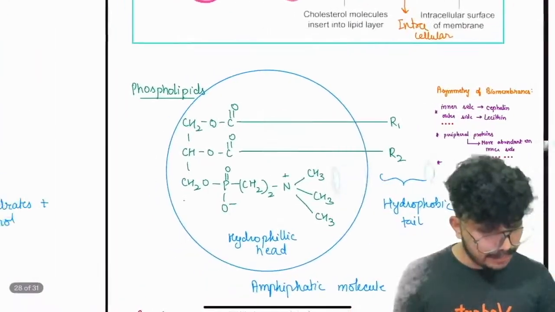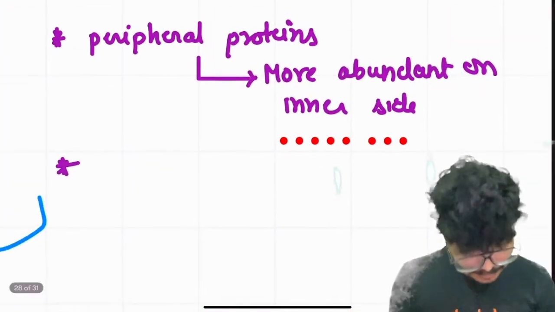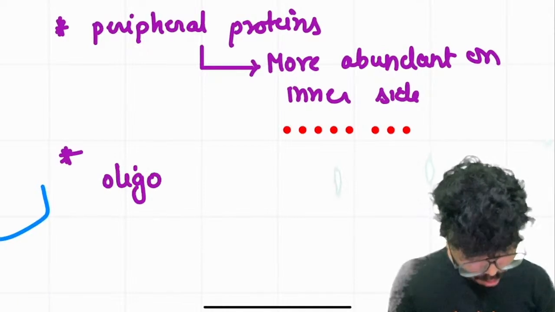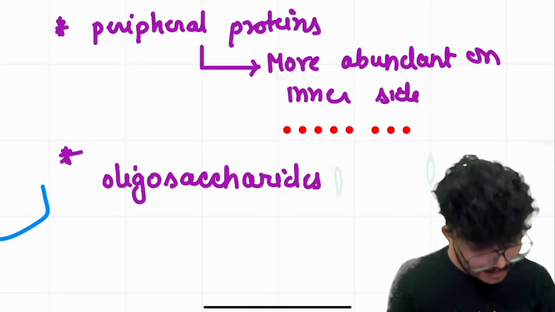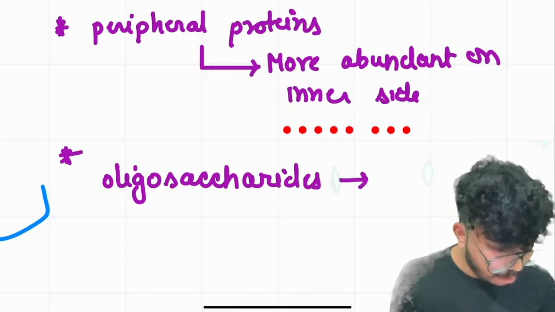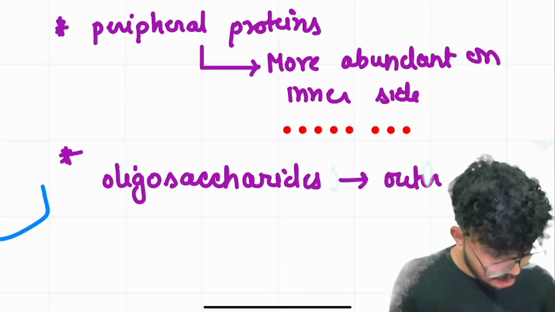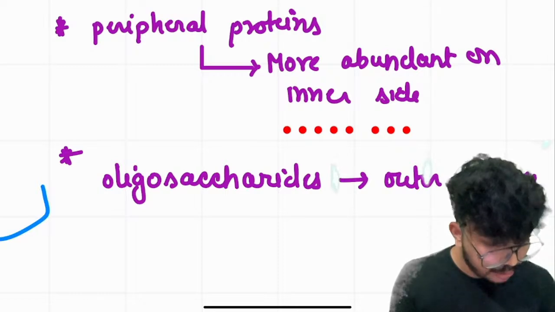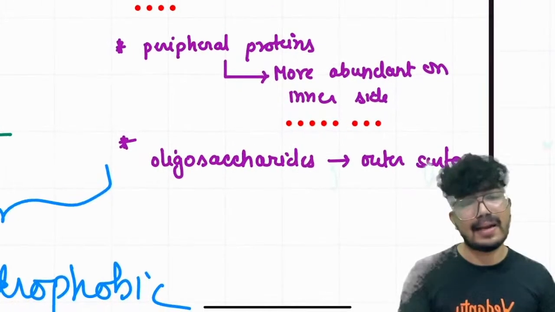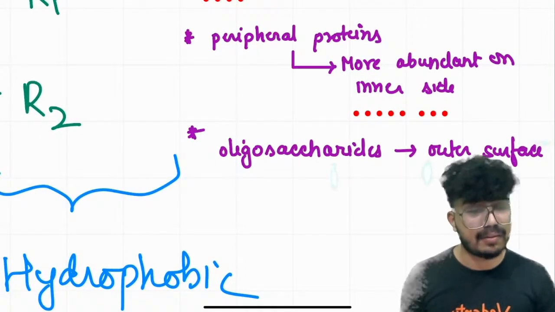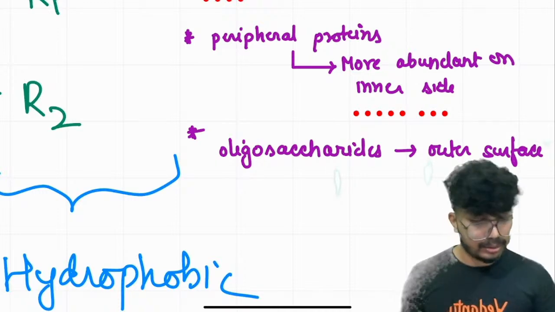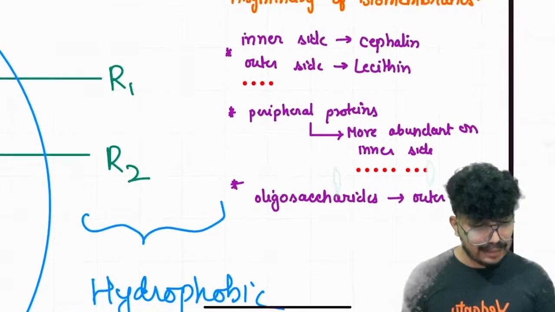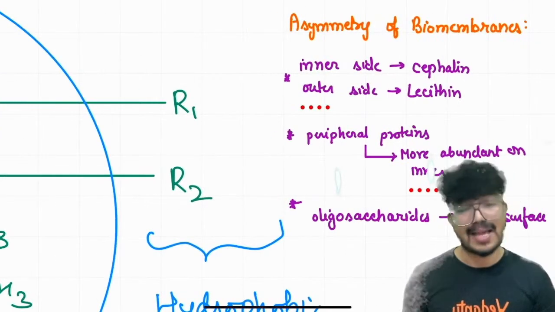So the next point is that oligosaccharides occur on the outer surface, not on the inner surface. You will never find any oligosaccharide residue on the inner surface of the phospholipid bilayer. So these are the 3 points that justify that biomembranes are asymmetric.